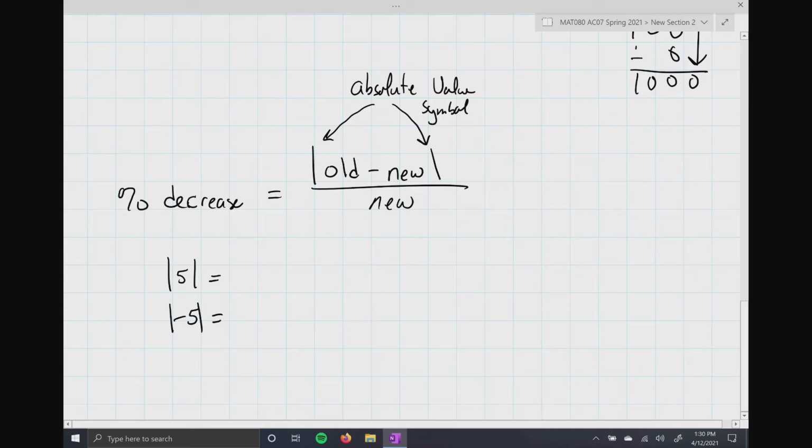Does anybody remember what the absolute value of 5 equals? It's 5. Good, Alyssa. What's the absolute value of negative 5? Still 5. Why? Because you can't have a negative value. Okay, but why? Because that's what I learned. And that's pretty good, yes. But nobody ever told you why, all right? So here's what an absolute value is.